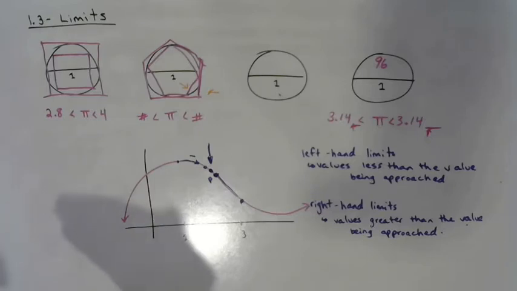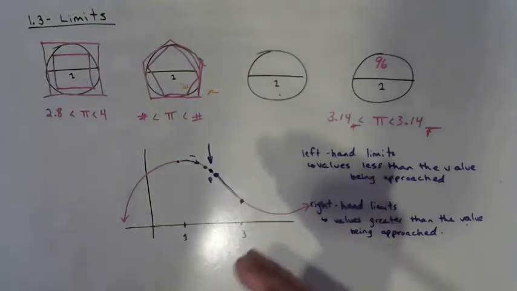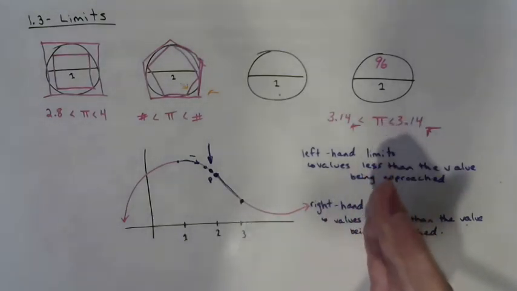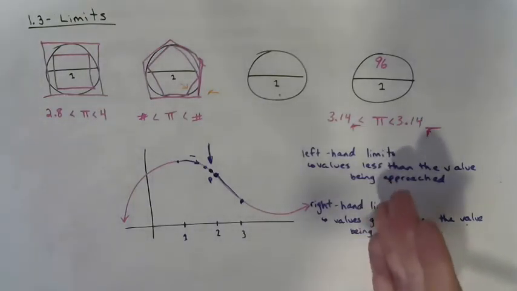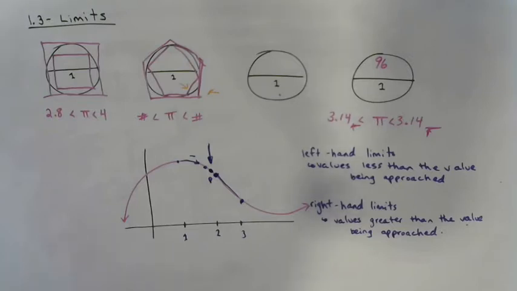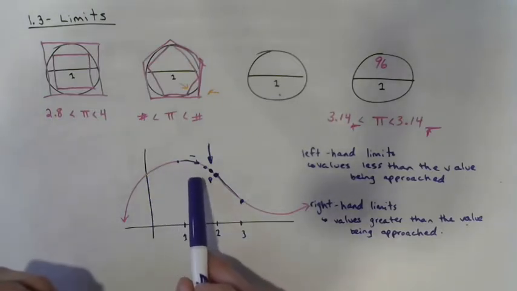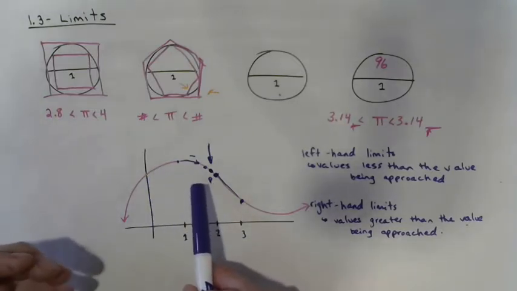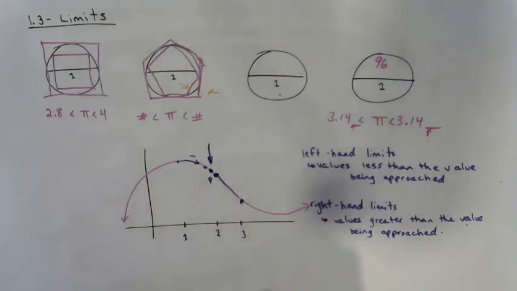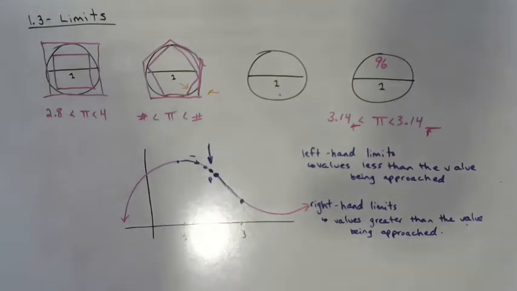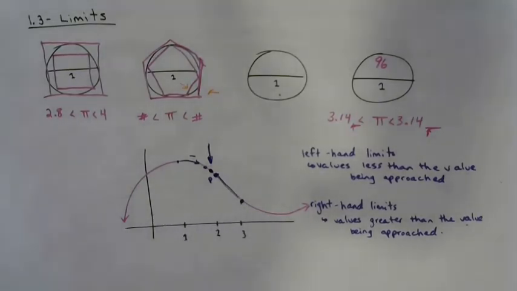It's something it can approach but never become. And so he could approach the true value of pi and never attain it using this method, but he would get a very good estimate. In the same way, we can always approach our instantaneous rate of change from the left or from the right by using smaller and smaller intervals. And we've already done that, but in this lesson, we gain some new language to talk about it.